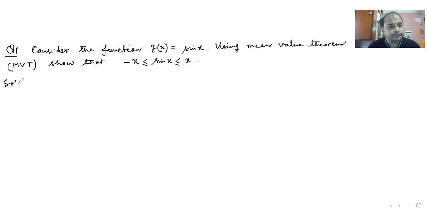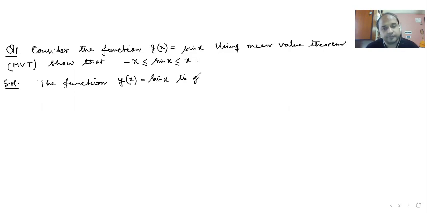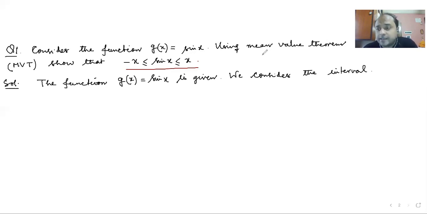So, solution: the function g(x) equal to sin x is given. We consider the interval. To find the criteria given here, you have to think about the interval of the function.